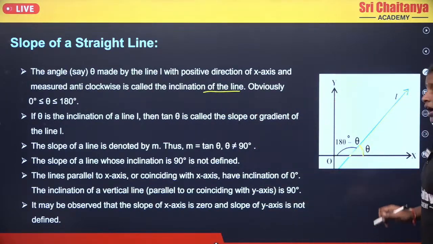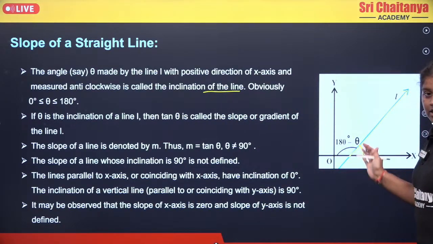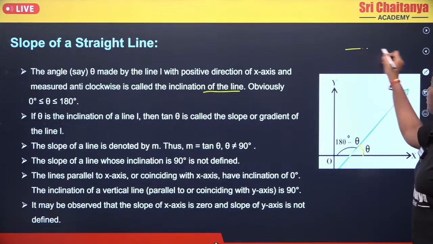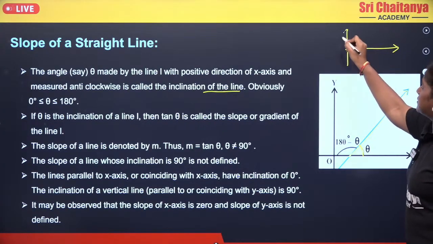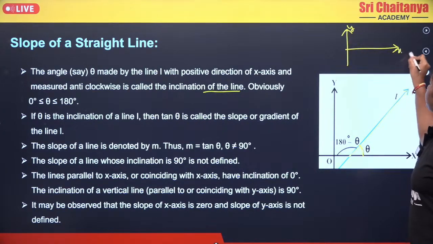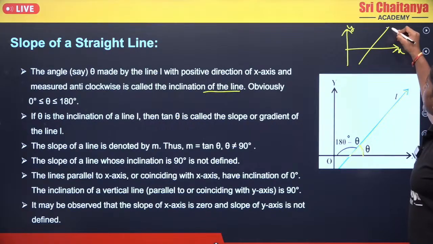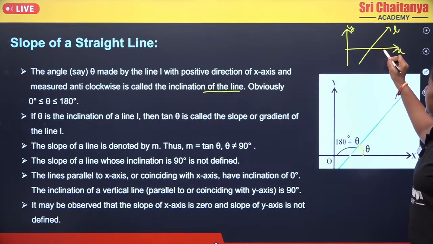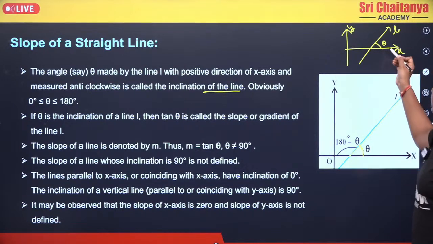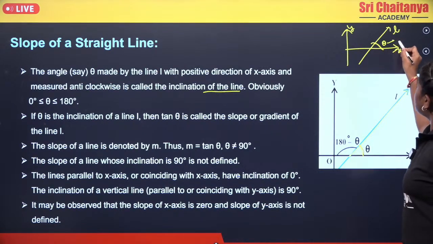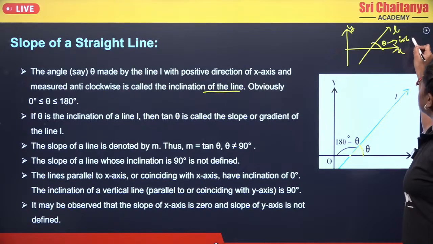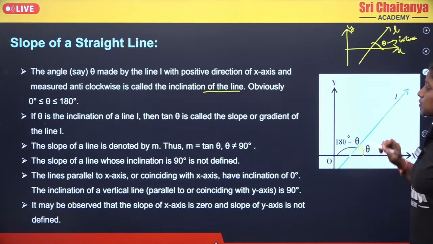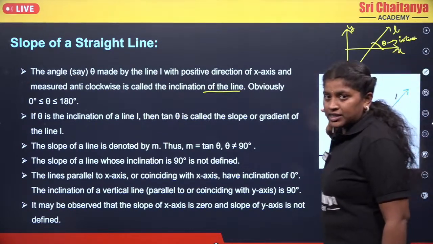If we have our x and y axes and a line L intersecting the x-axis at an angle theta, we take theta in the anti-clockwise direction. This theta will become your inclination.